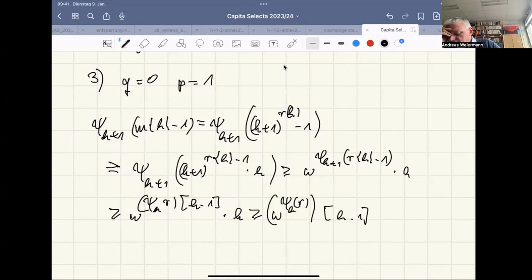There are two cases. One case is that psi k of r is a limit, then the fundamental sequence is given by this term.